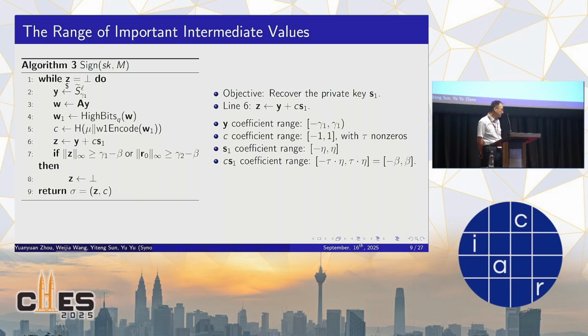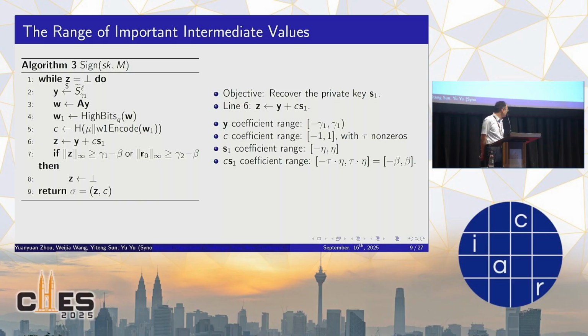The result should be z. We know that the range of the coefficients in y is minus gamma 1 to gamma 1, the range of c coefficients is minus 1 to 1, which has 4 non-zeros because it is a polynomial, and the range of s1 coefficients is minus eta to eta.